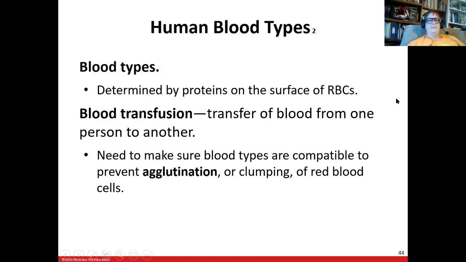We call the process of forming those clumps agglutination. And it's bad because you can block capillaries and stuff. Or white blood cells get there and they attack those red blood cells and spill out their hemoglobin and plug up the filtration membrane on your kidneys. It's not good no matter how you go.